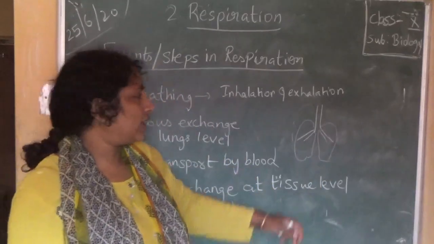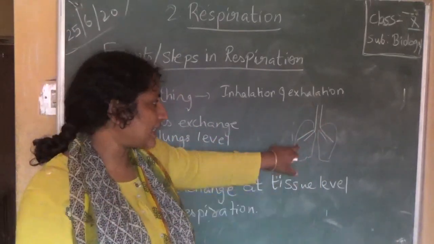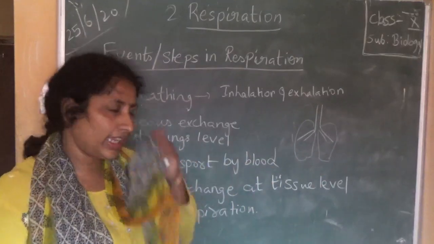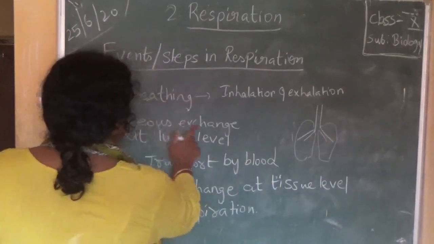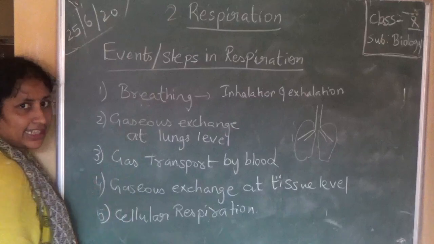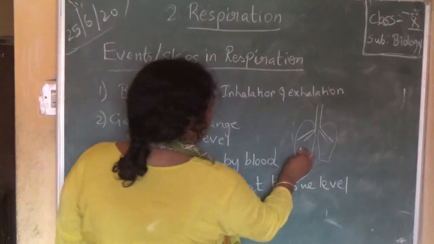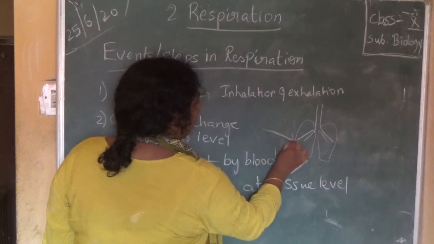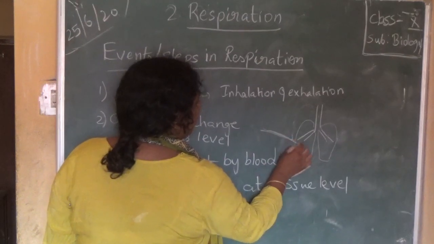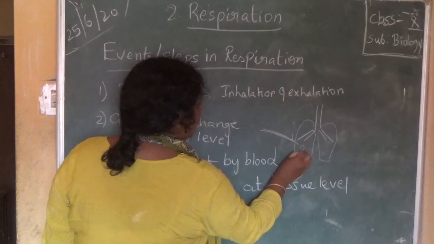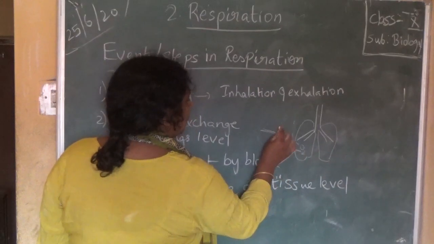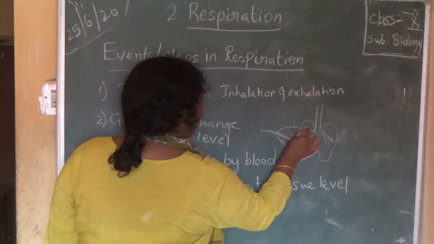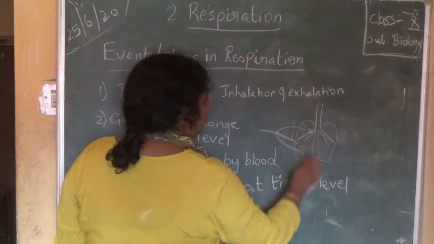You have inhaled air, and the lungs are filled with air. Now gases are exchanged at the lungs level. The lungs are filled with air, so the blood will come to the lungs and take the oxygen present in the lungs, and it will give whatever carbon dioxide it carries to the lungs.